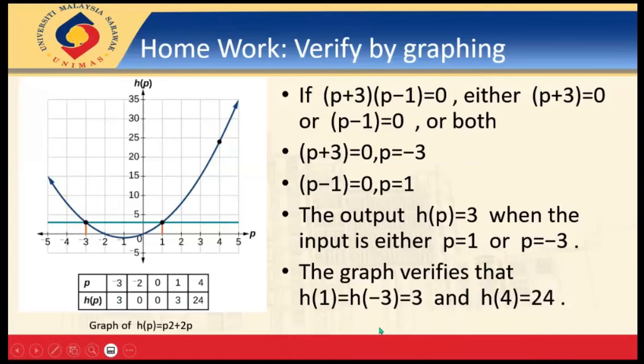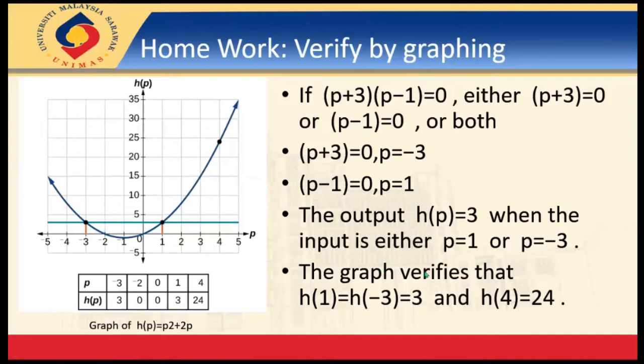So the graph verifies the same concept; the table and the graph show the same thing: if p equal to 1, then the output will be 3, or if p equal to negative 3, the output will be 3. And the graph also shows that at negative 3 the output is 3, and at 1 the output is 3.